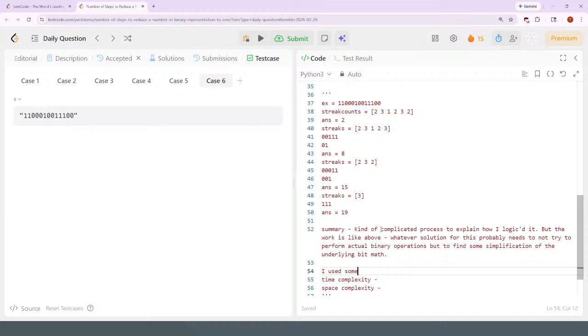I used something that relied on looking at the streaks of 1s and 0s, and kind of simulating the number of operations to work with those streaks.